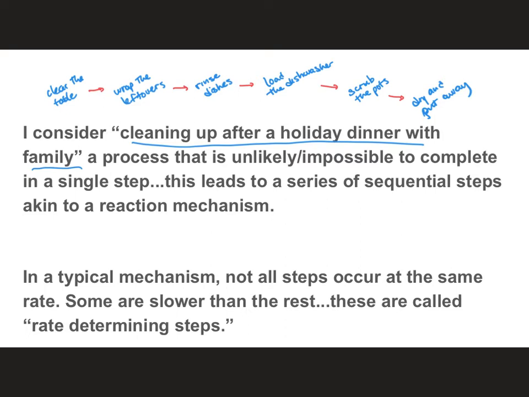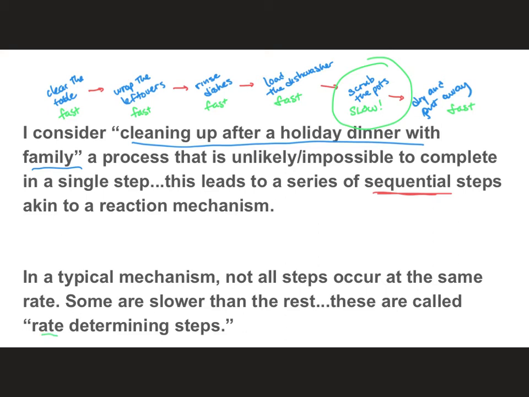Now, if you think about this, these steps have to happen in a sequence, all right? And not all the steps are going to be equally lengthy. Some of them will be quick, and some of them will be slow. For the sake of this example, I'm going to label the steps as you see, and I'm going to say that if you were to do all of these steps, I would envision the scrubbing out the grubby pots and pans is probably the slow step, okay?